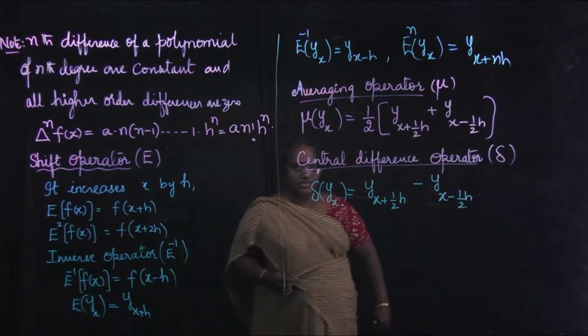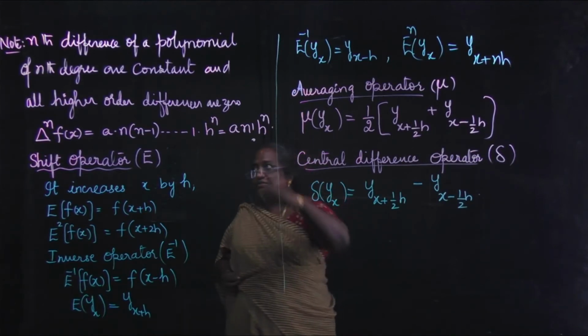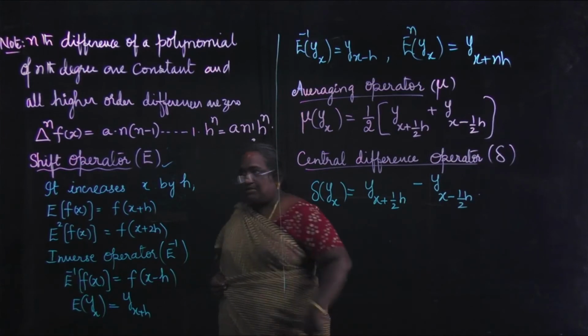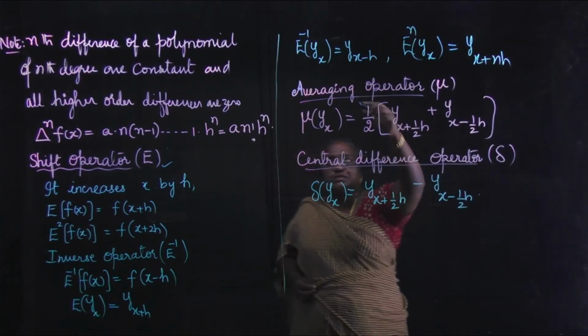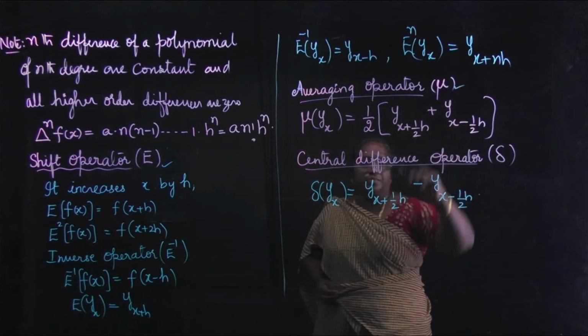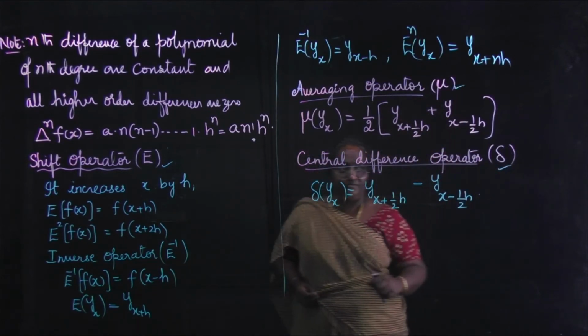So these are the operators. Already we have seen the forward operator and backward operator. Next comes the shift operator, then E inverse, then the averaging operator, then the central difference operator.